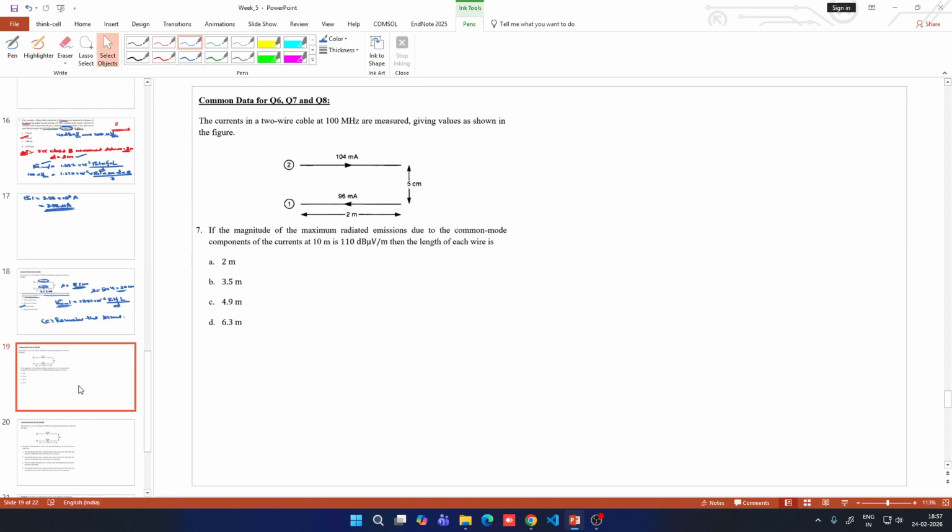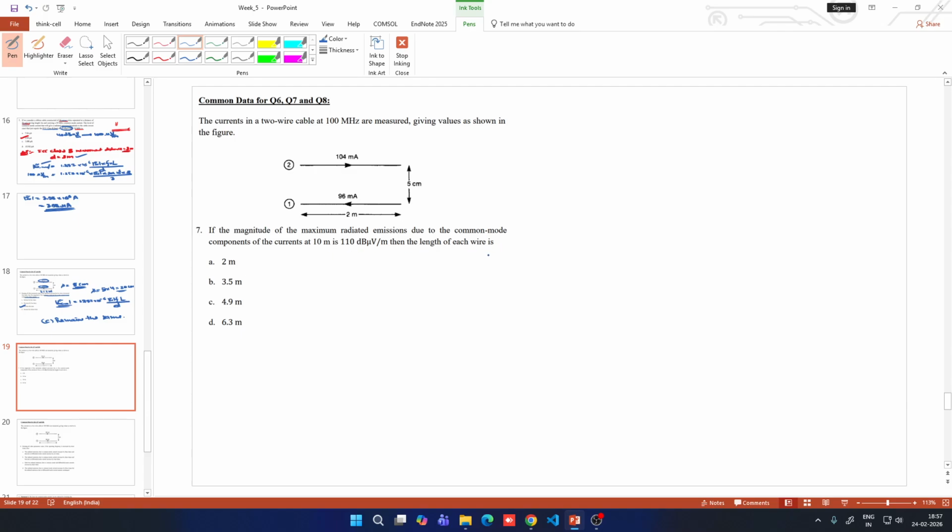Now we will move on to question number 7. Same wires, same current, same separation distance and length. Now the magnitude of the maximum radiated emission due to the common mode component of the current at 10 meters is EC max, given as 110 dB microvolt per meter at 10 meters.